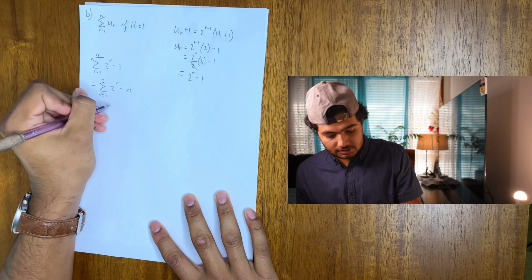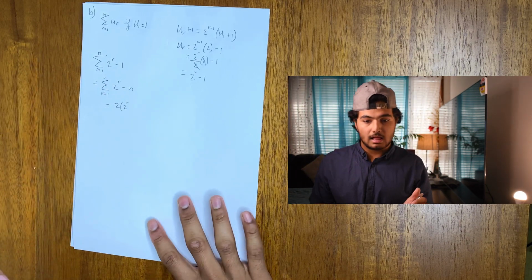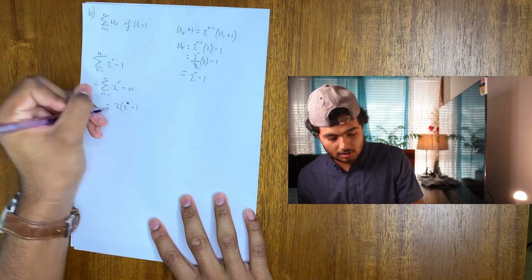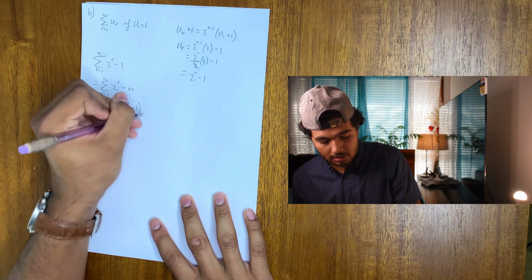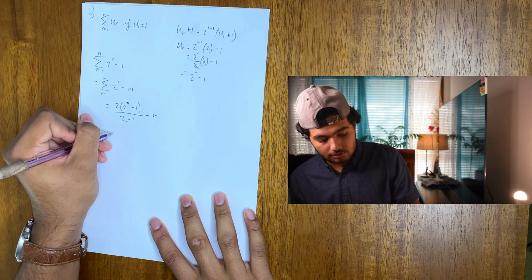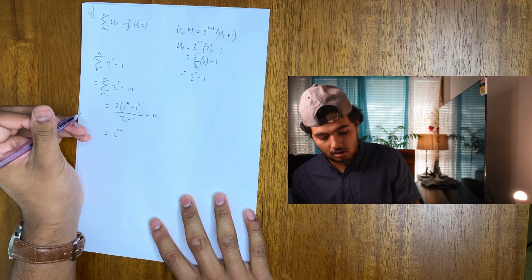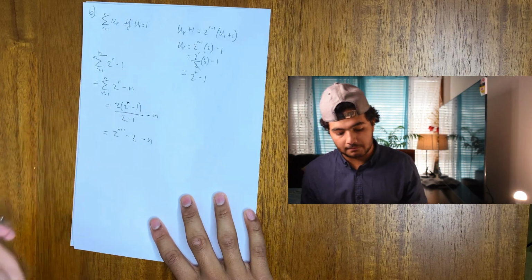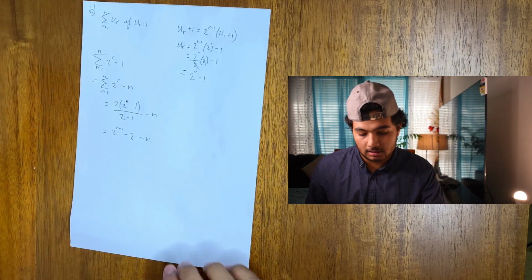Further simplify this, we can go 2 brackets, 2 of n, minus 1, all upon 2 minus 1, minus n. Simplify this, we get 2n plus 1 minus 2 minus n, which should be the final answer for B.